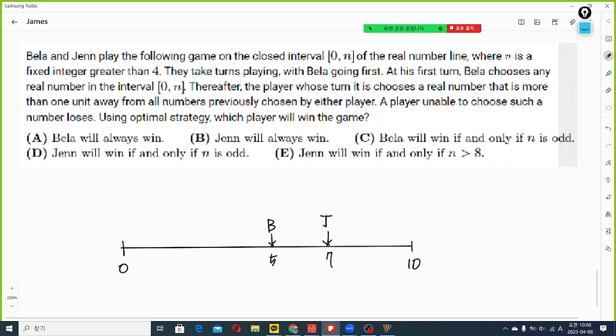In this case, the axis of symmetry is 5 because 5 divides the interval exactly in half. So that means Bella's choice will be 3.